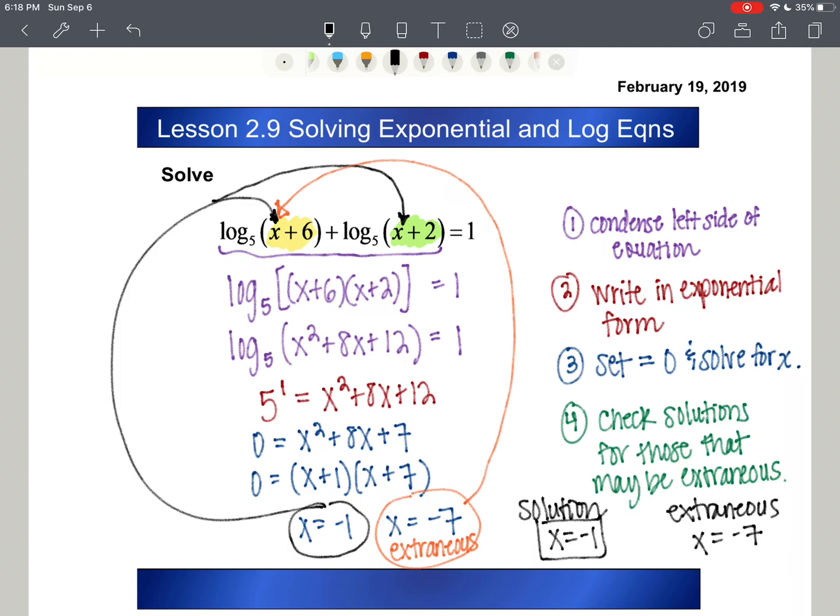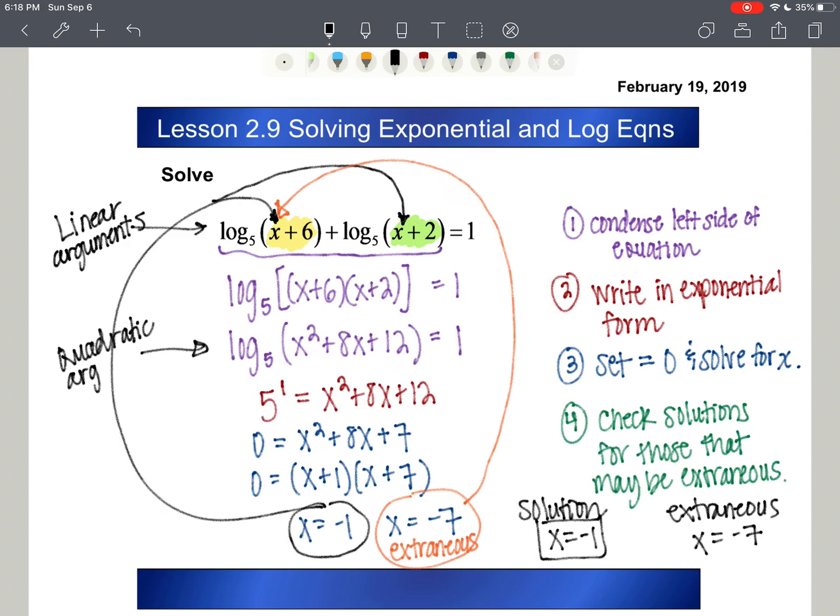Well, in the original problem, we had linear arguments. X plus 6, x plus 2, those were linear arguments. However, when we condensed our logarithms into one logarithm, what happened? We created a quadratic argument.